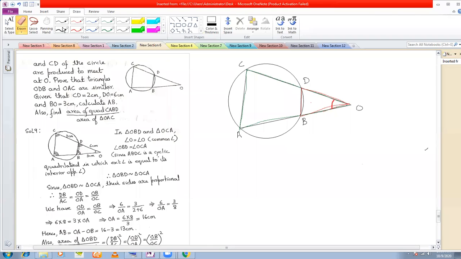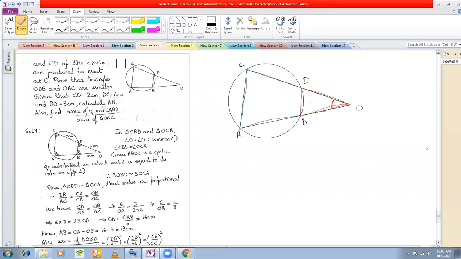So therefore, the exterior angle of this must be equal to the interior opposite angle. So these two angles are equal, right? So two angles you have proven from the two triangles to be equal. Therefore, the triangles must be similar. And obviously, the third angle will also be equal. These two angles will also be equal.